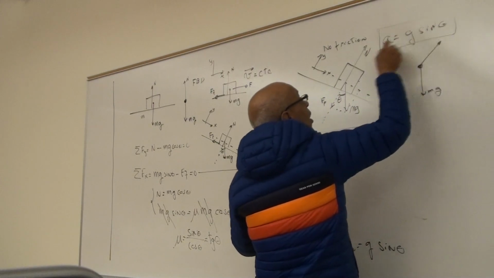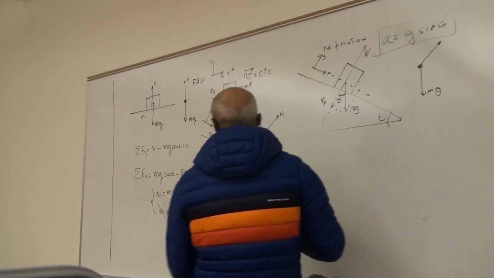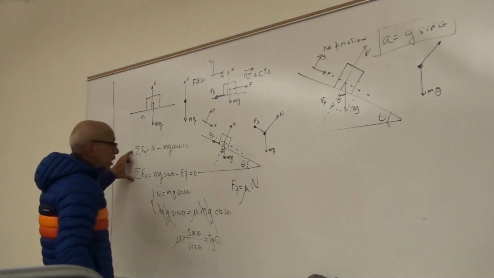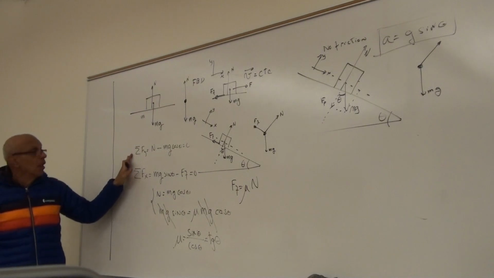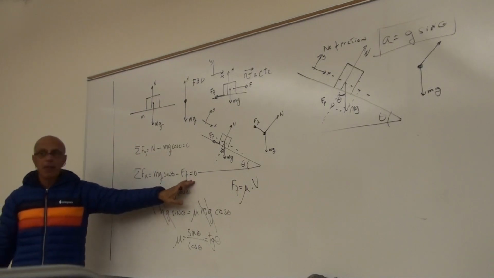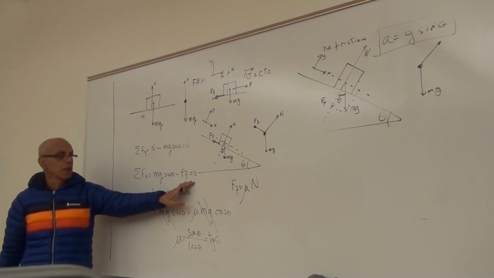But now I'm going to write down the same system of equations for the situation where we actually have an acceleration. You guys want to do that? Okay, so let's do that.